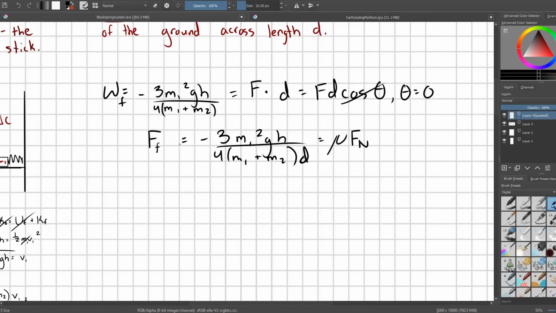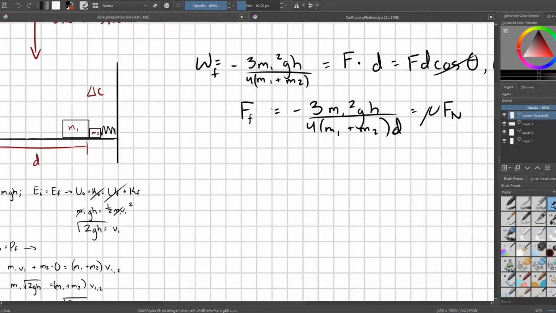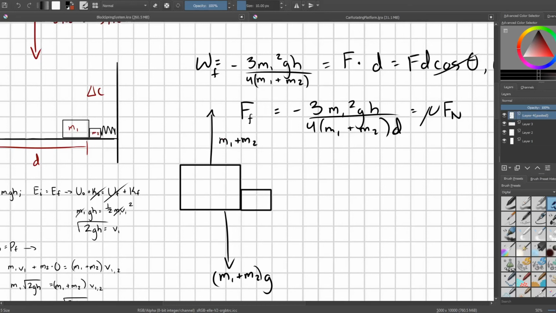The normal force here is, well, how about we make a quick free body diagram just for good practice. Right, so on these blocks we have m1 plus m2 times g down. So that means that the normal force acting up on them is going to be equal to that. We have m1 plus m2 times g acting up.